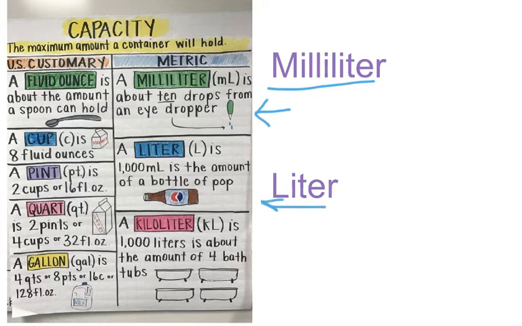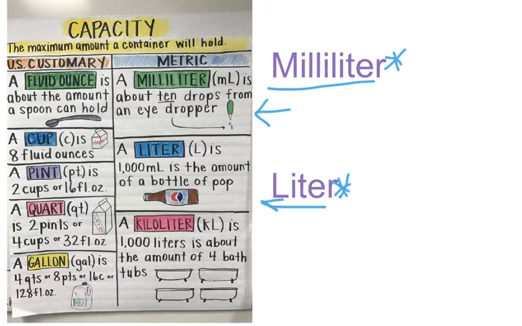And then you see on the chart that I borrowed, it says kiloliter, and we are not really required to memorize that or know as much about it, but you should know that kiloliter is larger than a liter, and you would actually need 1,000 liters to equal it. But for today, I just need you to think about these two, milliliter and liter.